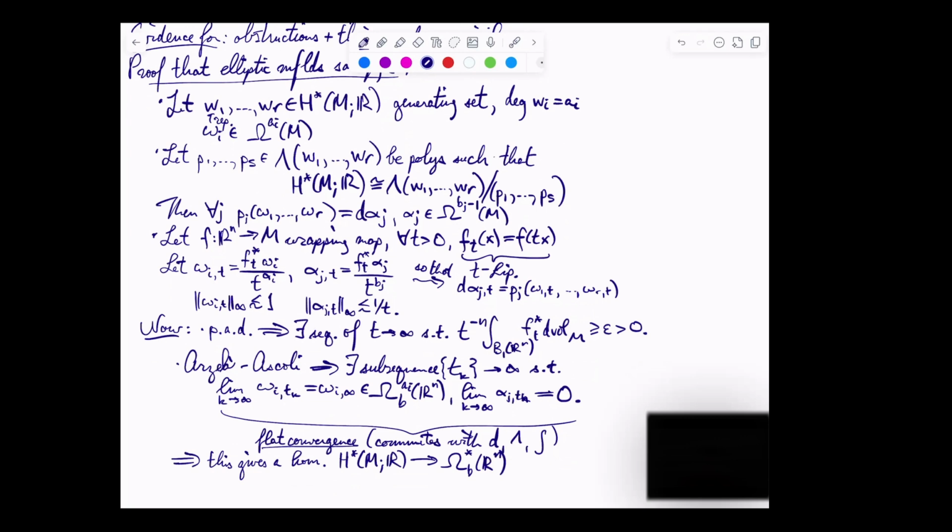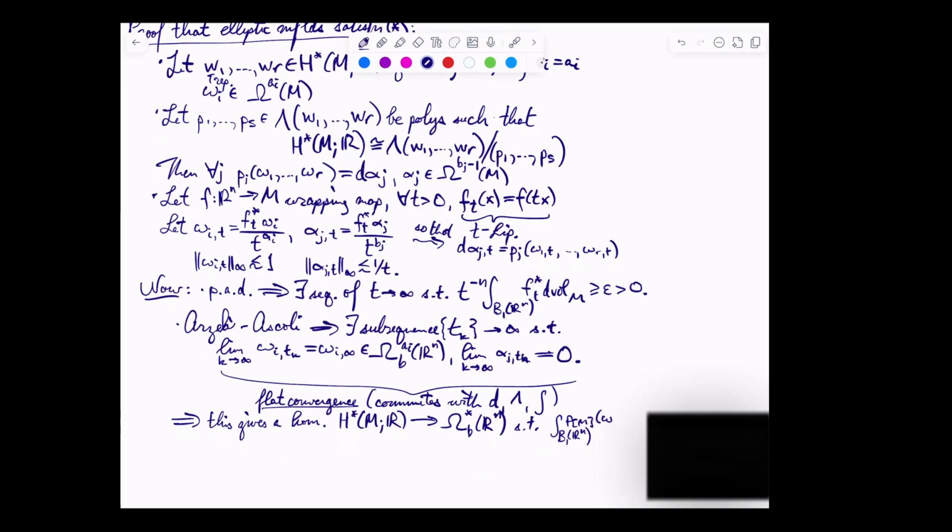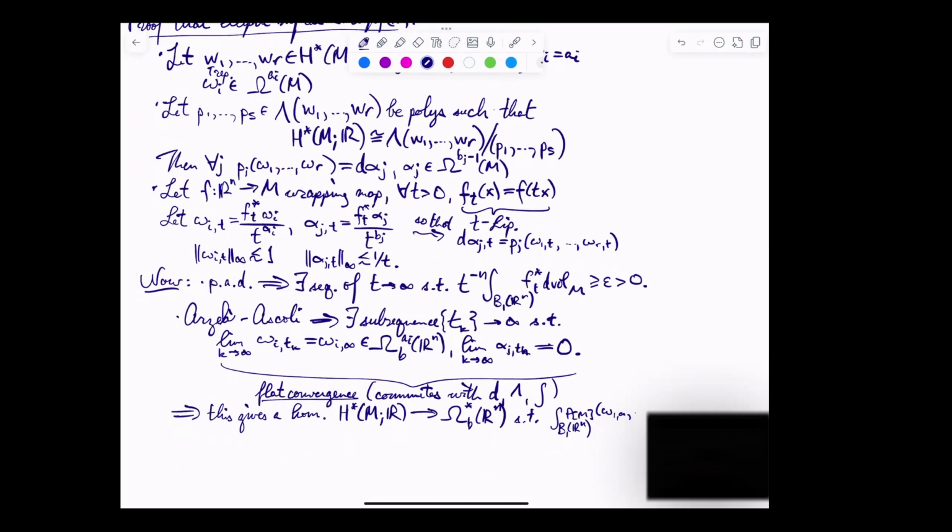Moreover, the integral over the unit ball of whatever polynomial you need to take to get the fundamental class is going to be at least epsilon.